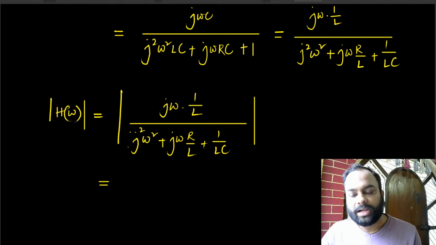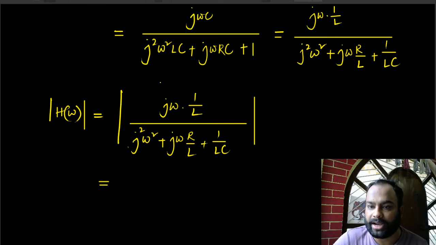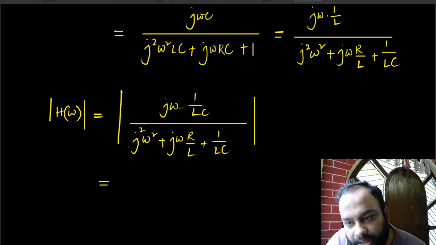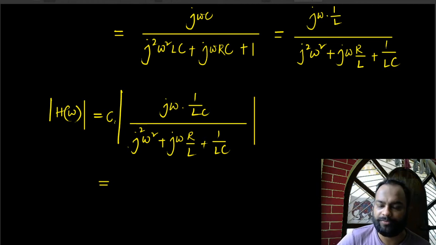Now I could have taken care of this j square and written it with a minus sign, but I haven't done that because there is a reason for that. And again, for my convenience, let's write this as LC, multiplying everything with C. That also does the job. There shouldn't be any confusion regarding this.